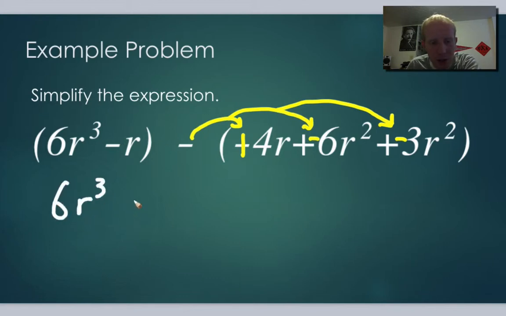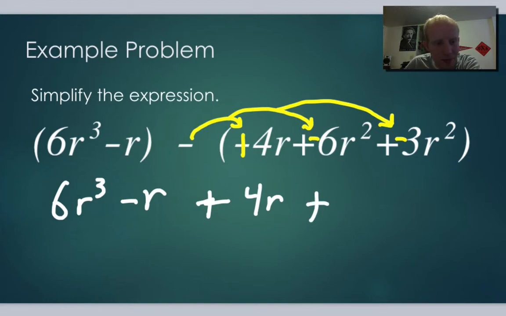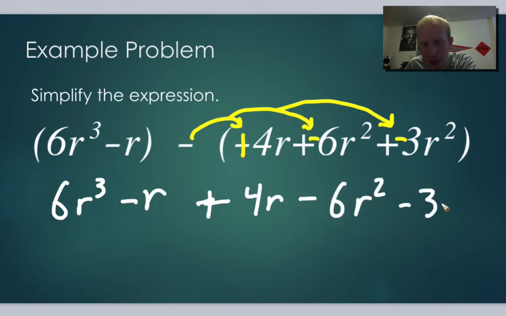So 6r cubed minus r plus 4r minus 6r squared minus 3r squared. Okay? All right, so let's look for like terms.